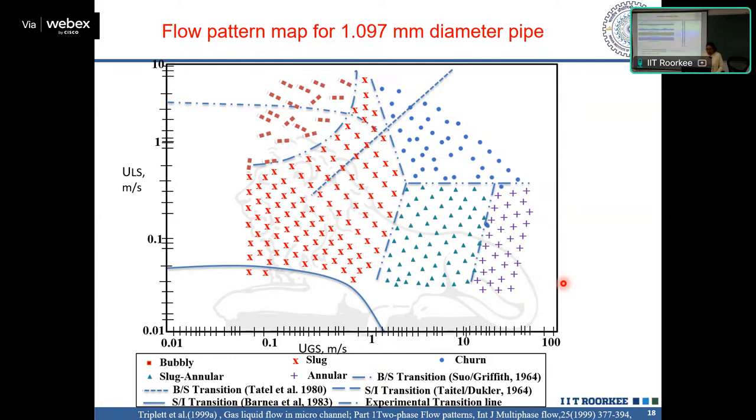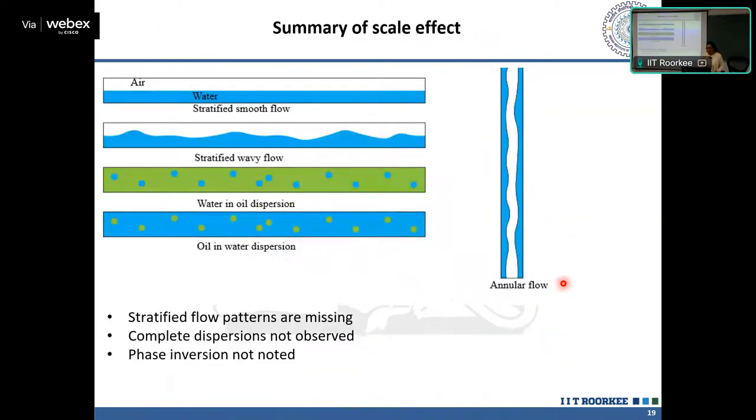So these are the typical flow regimes that one could expect in a macro dimension. In macro dimension, horizontal orientation, you are bound to get stratified or stratified smooth, and dispersion in the case of liquid-liquid. And one more interesting phenomenon that happens in macro for liquid-liquid flows is phase inversion.